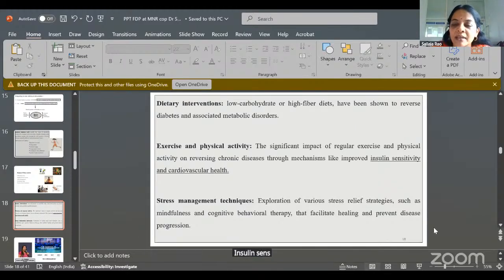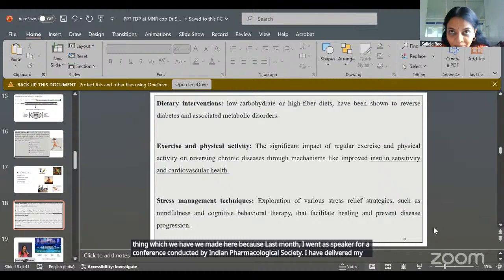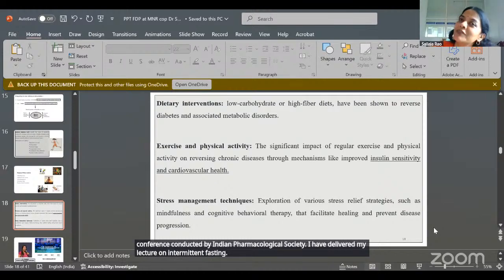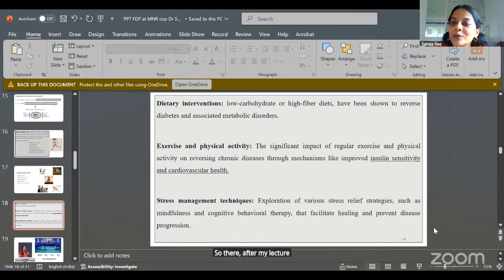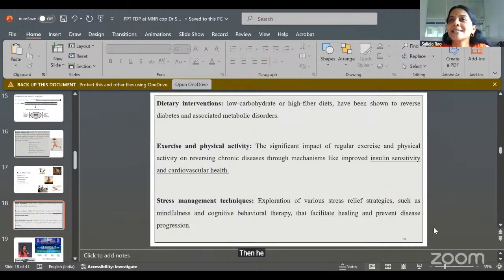Stress management technique. This is the most important thing we need here, because last month I went as a speaker for a conference conducted by the Indian Pharmacological Society. I delivered my lecture on intermittent fasting. After my lecture, I met one of the principals of a college there. He came to me and asked how to reverse diabetes.